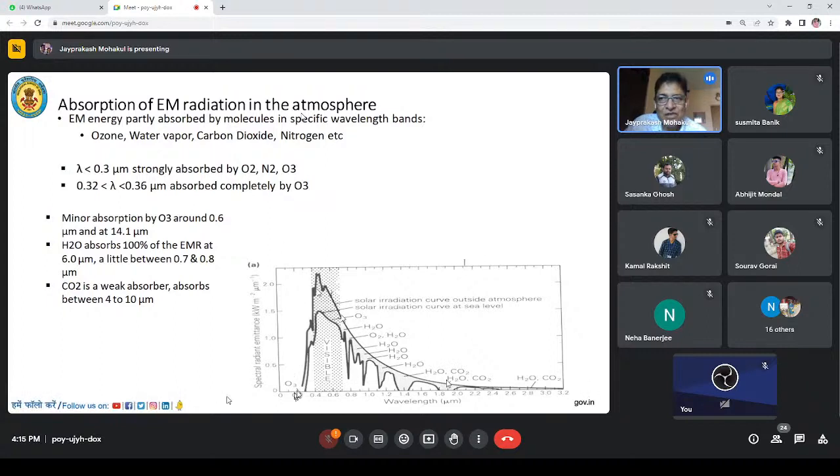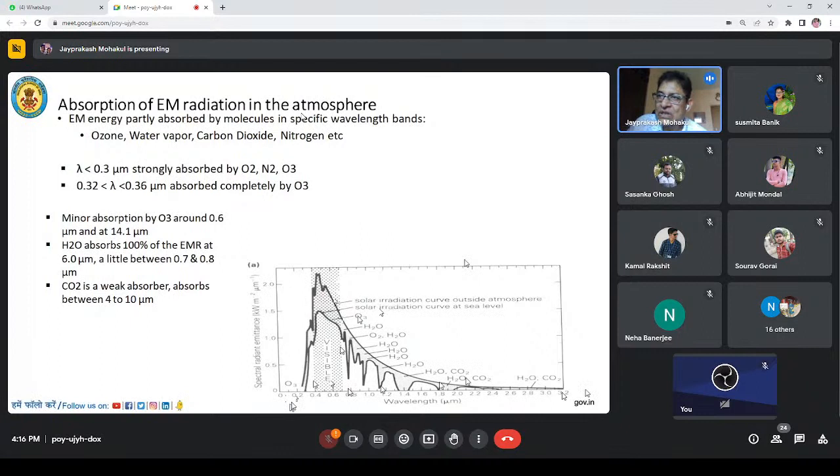All of you understand now? This curve denotes the amount of solar energy that reaches the top of the atmosphere in the visible and infrared range. And as you can see, as you go to higher wavelengths in the infrared range, lesser and lesser amount of energy is received.